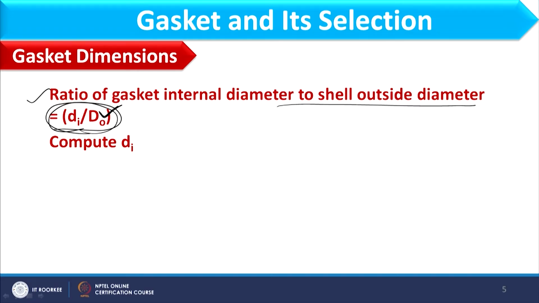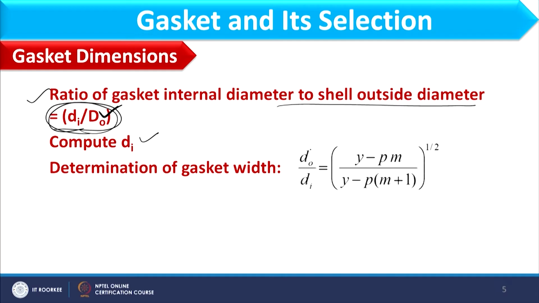Once I know capital DO, I can find out capital DI, and once I know capital DI, I can calculate capital DO using this expression, and Y and M I can choose for a given gasket material. Then we can compute DO.